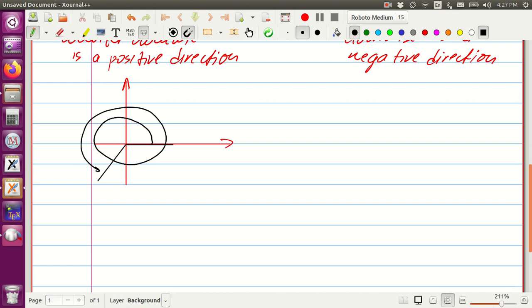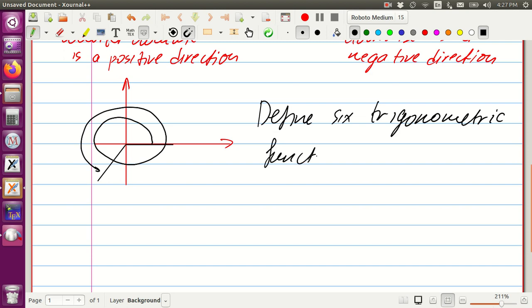So now, since we defined angles, we can try to define sine, cosine, tangent, cotangent, cosecant, and secant. So let's try to define the six trigonometric functions of an angle.